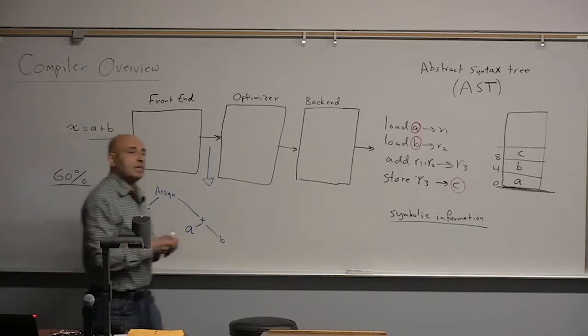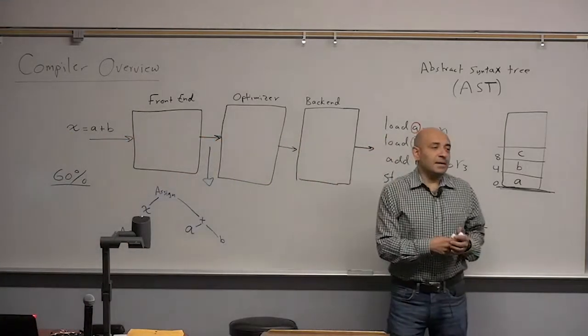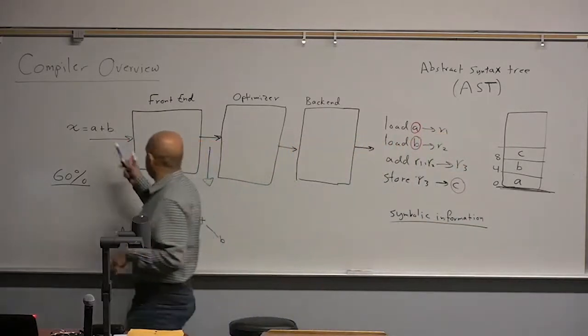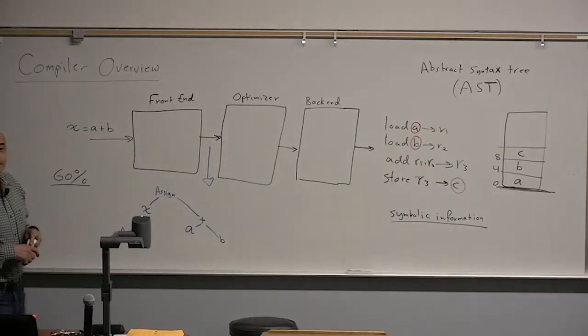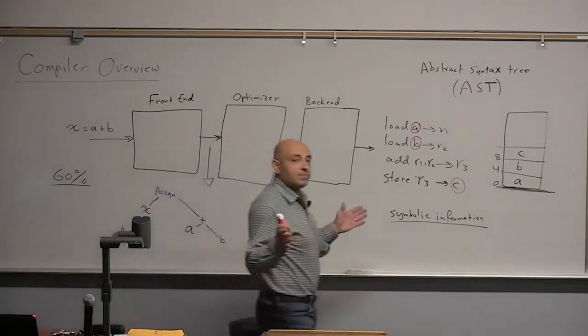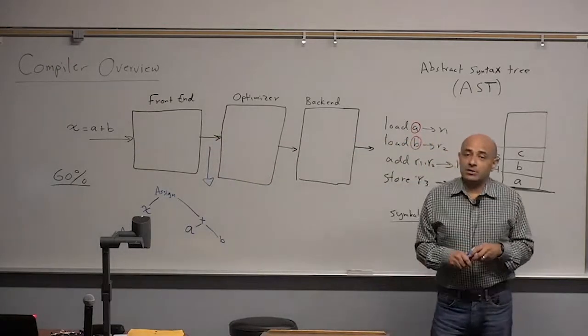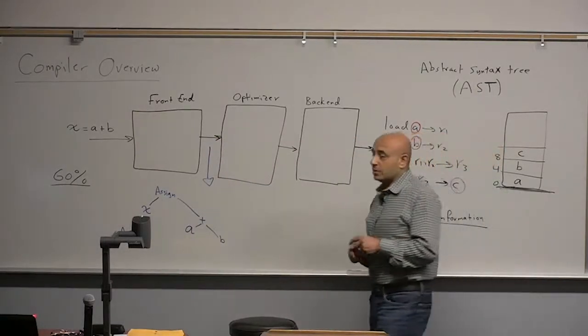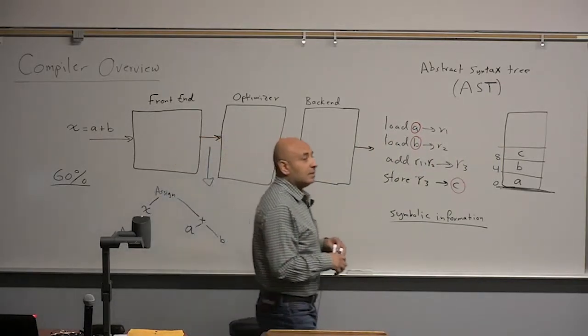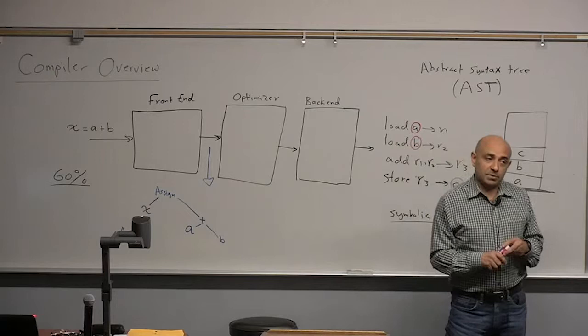Okay, 60% of this course is going to be dedicated to understanding how we can get from this to this. It looks easy, right? For this example, it's very easy. But we want to do this for a general expression, and we also want to do code generation for the basic language constructs, including conditionals and loops.